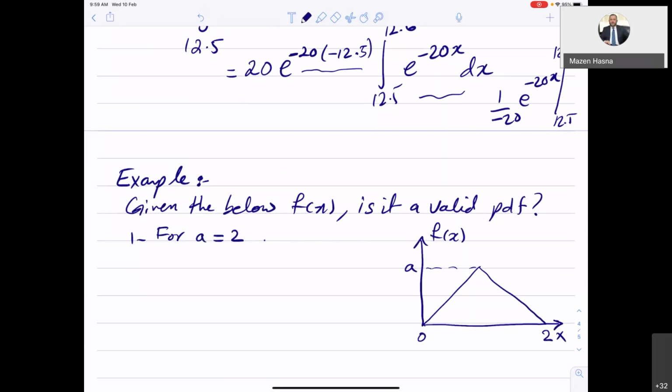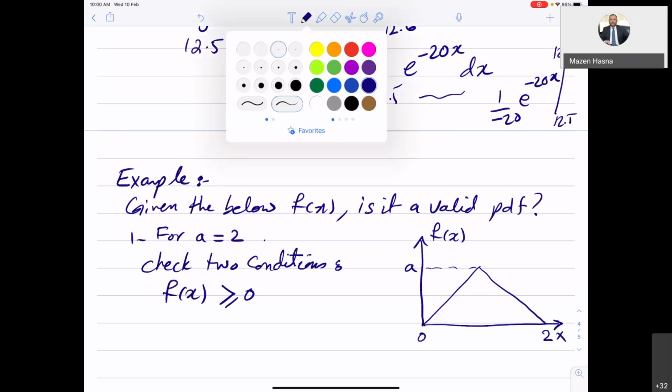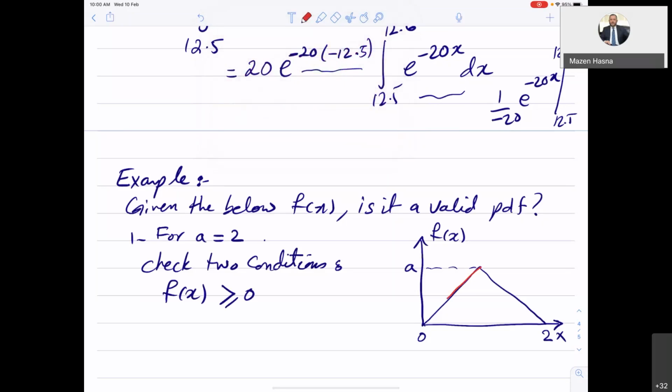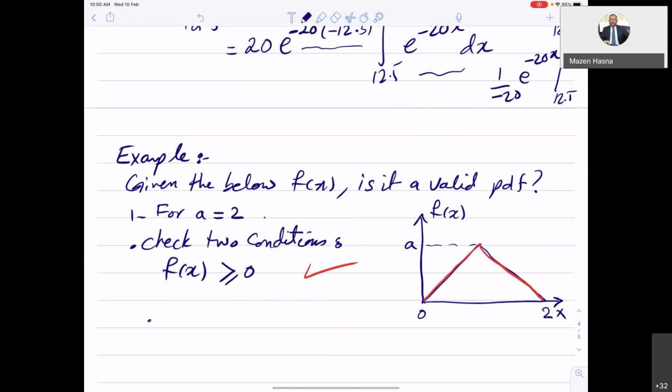We have to check two conditions, as you did in the quiz. First condition, f of x greater than or equal to 0. Is it greater than or equal to 0 in this example? So this is my function. Yes, it is. It does not go under the x-axis. So the first condition is good.